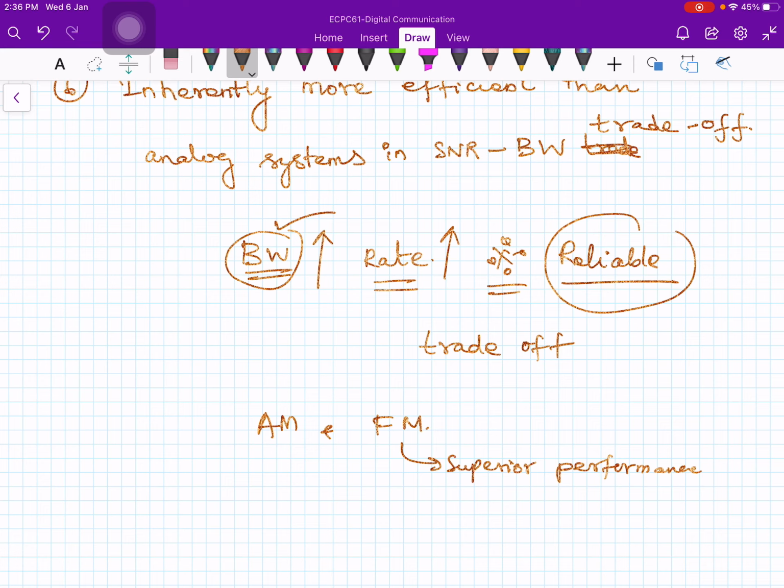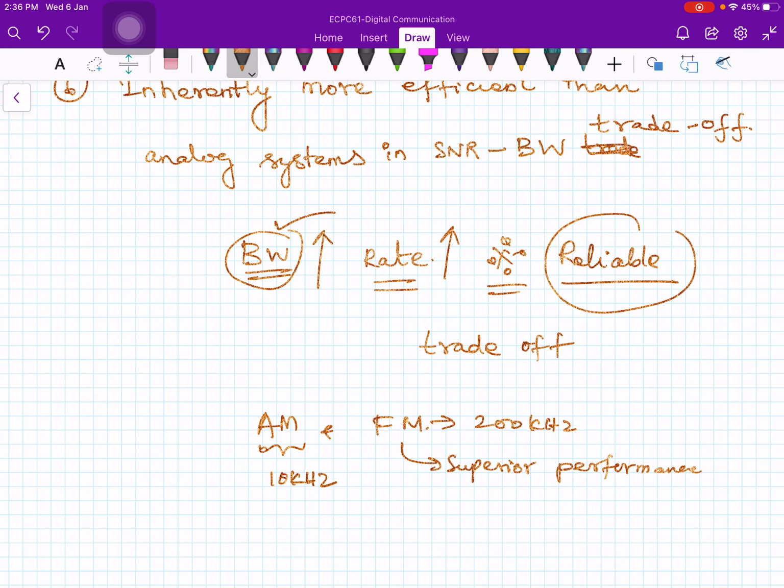But FM takes up much more bandwidth to do so. Compared to AM, FM takes much more bandwidth, roughly 200 kilohertz, whereas AM will be roughly 10 kilohertz. So that is the kind of trade-off between performance and bandwidth, which is a major communication resource. Bandwidth is the major communication resource.